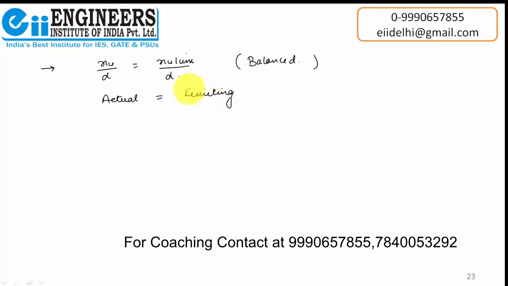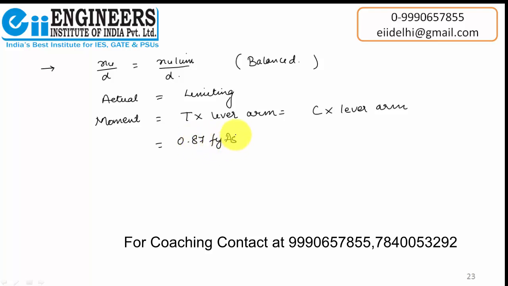That means we can find the moment from any value, like we can find by T into lever arm, or by C into lever arm, because both forces are the same. So we can say 0.87 Fy AST into d minus 0.42 times XU, or we can also write it as 0.36 fck XU into B into d minus 0.42 times XU.